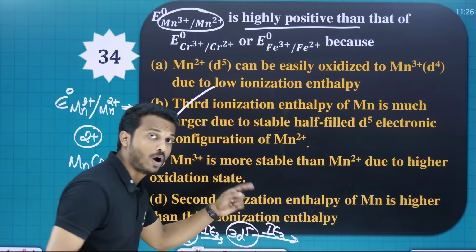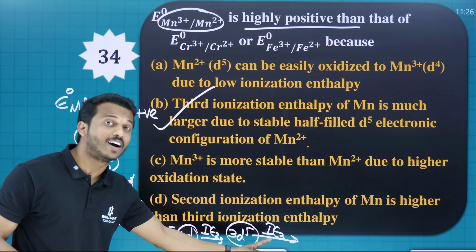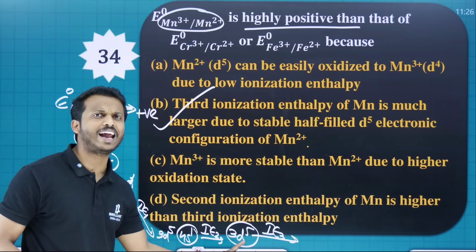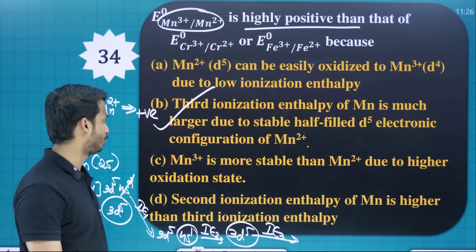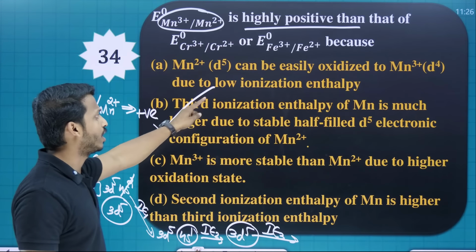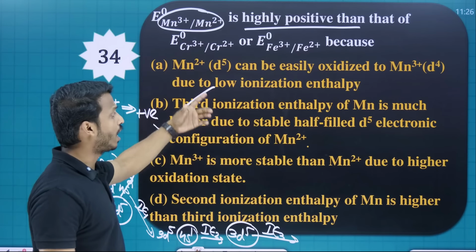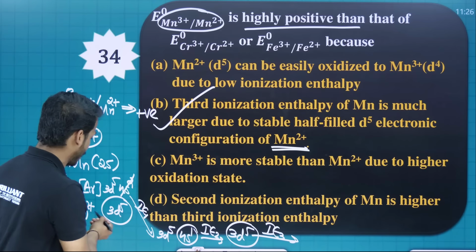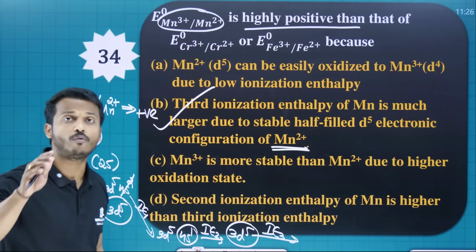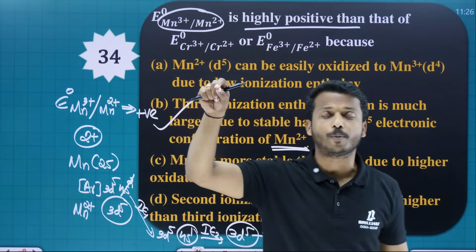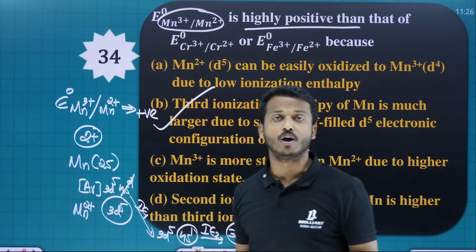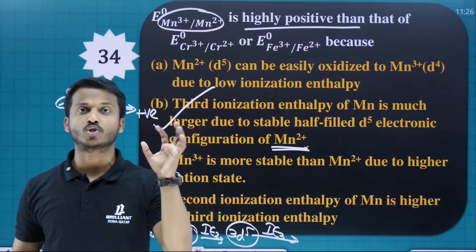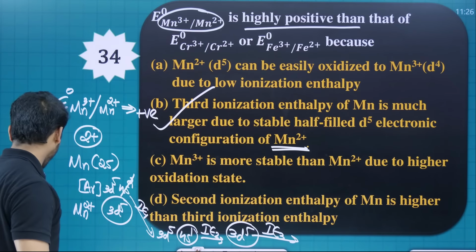If you want to remove one more electron, you have to apply the third ionization enthalpy. It will be greater because it is already stable. So the third ionization enthalpy of manganese is much larger due to the half-filled d5 configuration of Mn2+. Yes, Mn2+ is d5. So overall, if they say the electrode potential is high positive, what you want to show is that the +2 state will be highly stable.